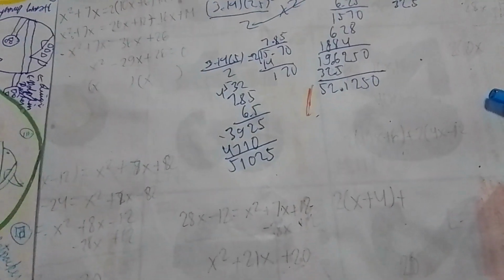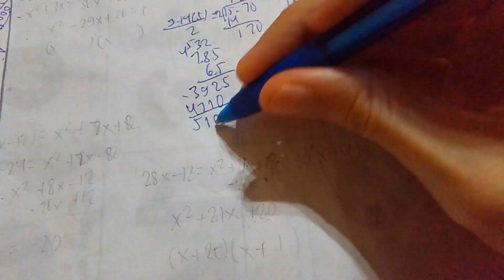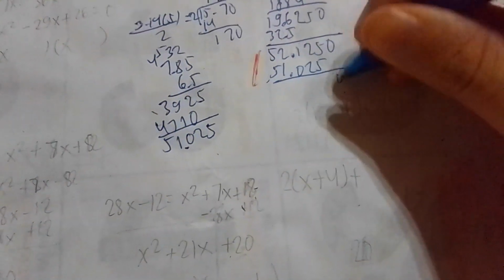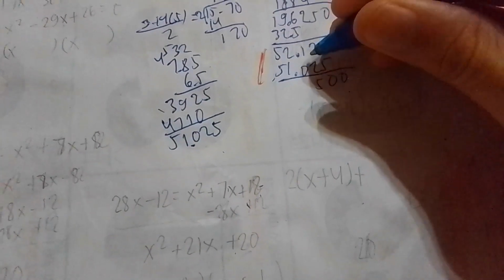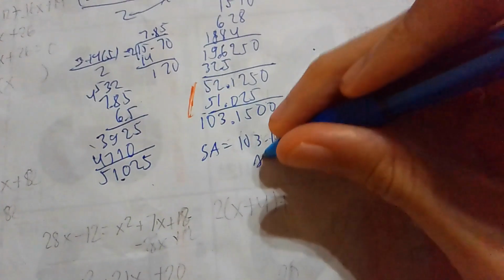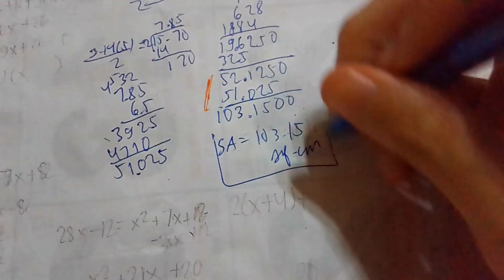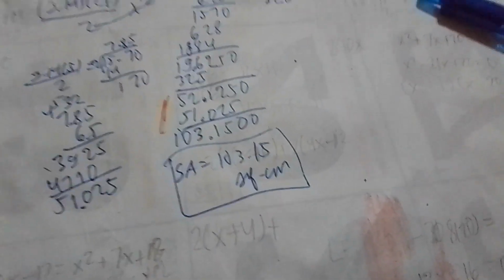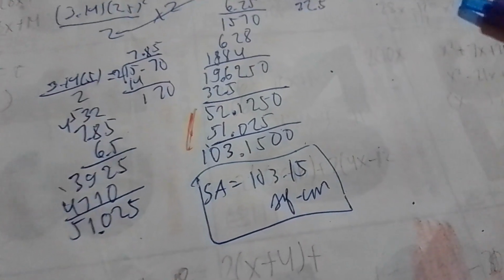So we should get 51.025. Then, when we add this up all together, this should be our surface area. The surface area is 103.15 square centimeters. That's what we do when we put it all together.